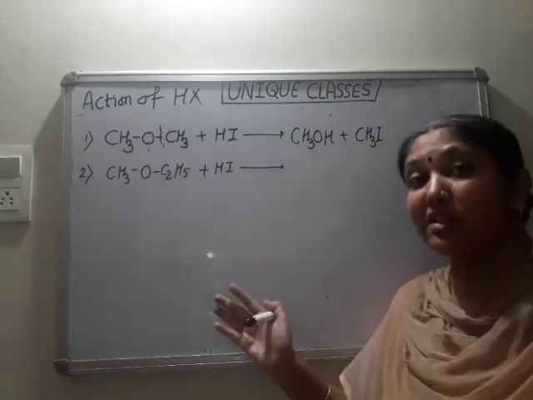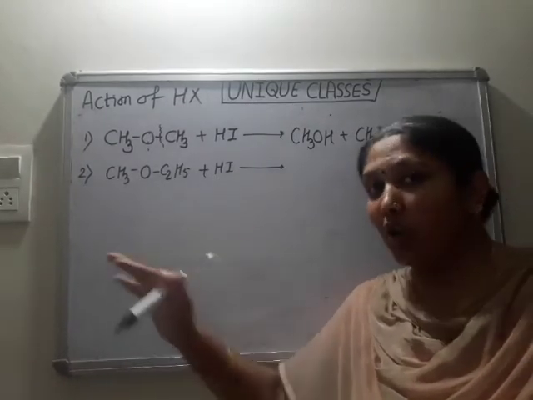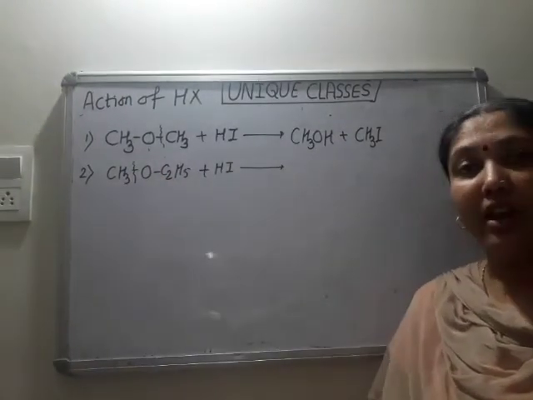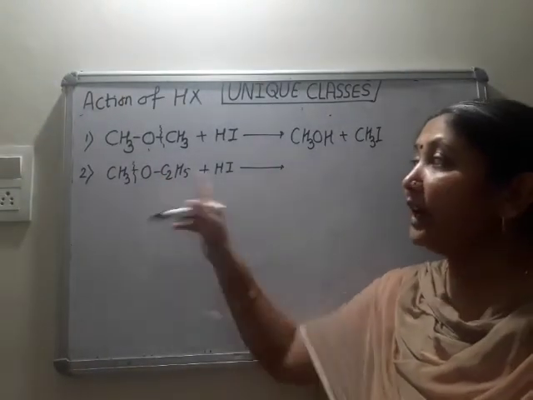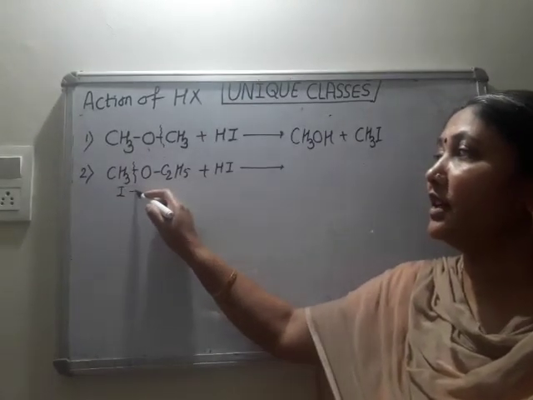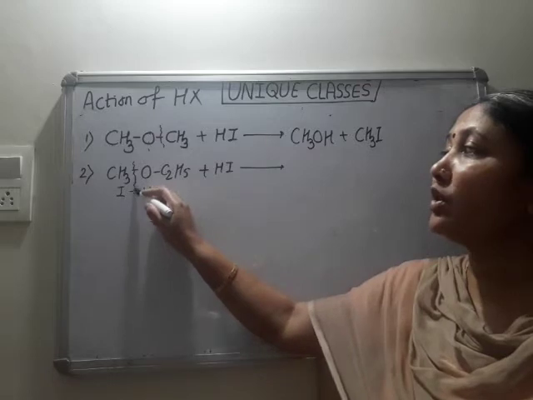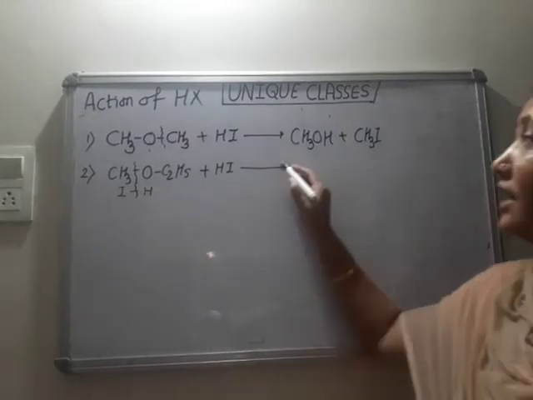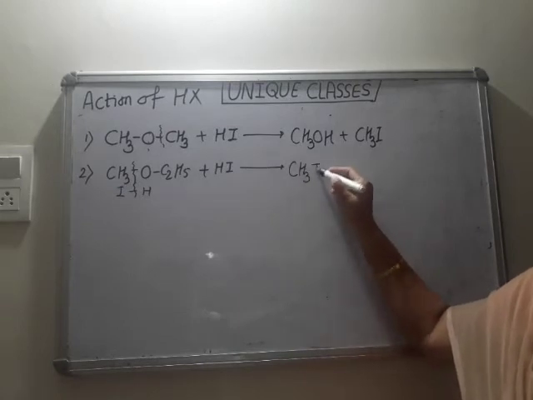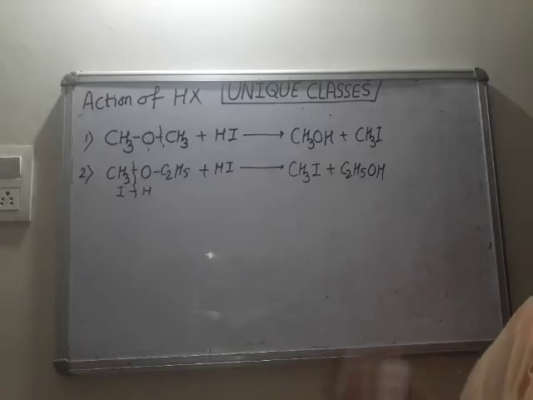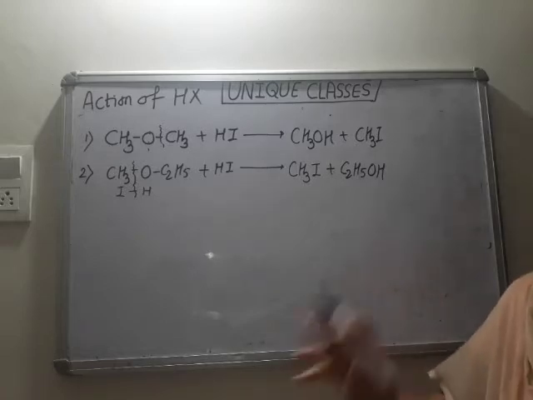So it is easy to detach the smaller alkyl group. So CH3 is detached easily or quickly. It means the iodide part goes to this CH3 and hydrogen goes to this ethoxy group. So what do we get? CH3I plus C2H5OH. Clear?